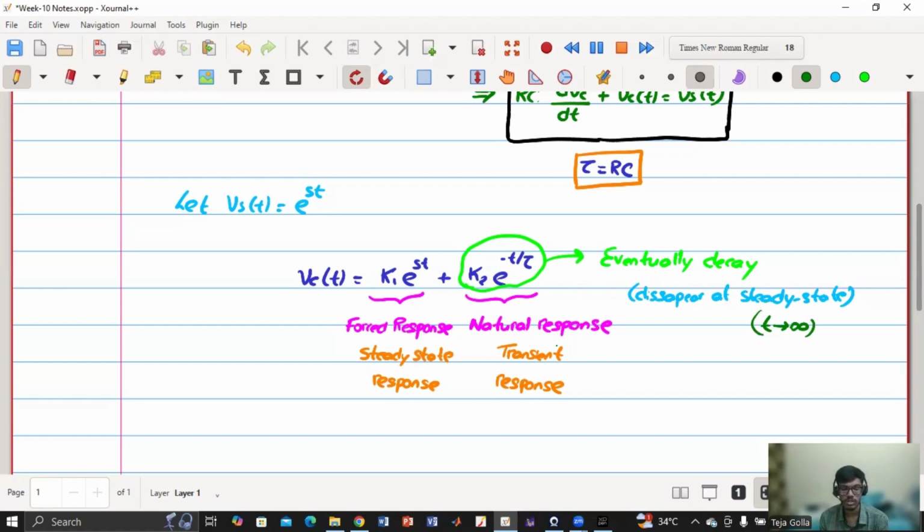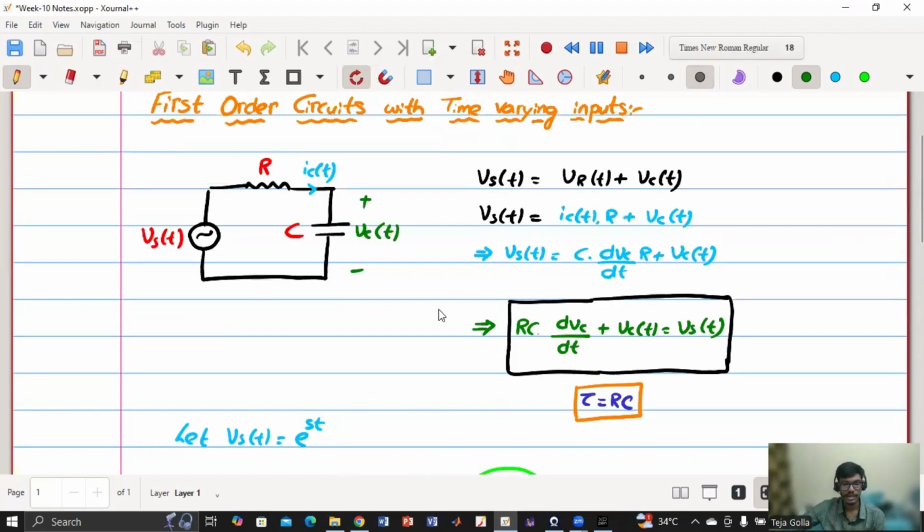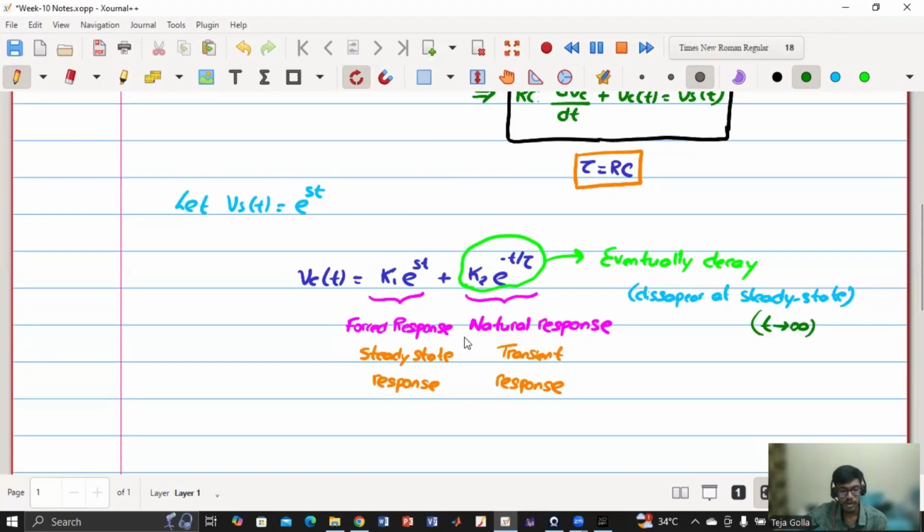The other term decays with the time constant tau, which comes naturally from the circuit's response, so it is called the natural response. This is the basic idea. For any given circuit, if the input is e to the power st, we have a forced term with some constant K1, and there will also be a natural response term.